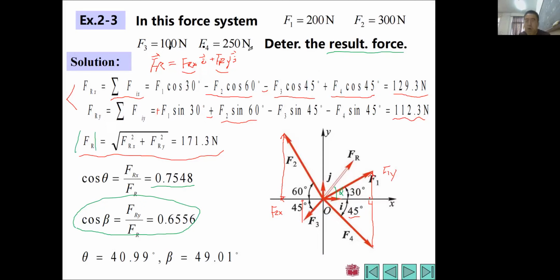So when we use this geometric method, or analytical method, to find its resultant force, actually we do a kind of reduction, right? We simplify, because this time we only need to consider one single force.